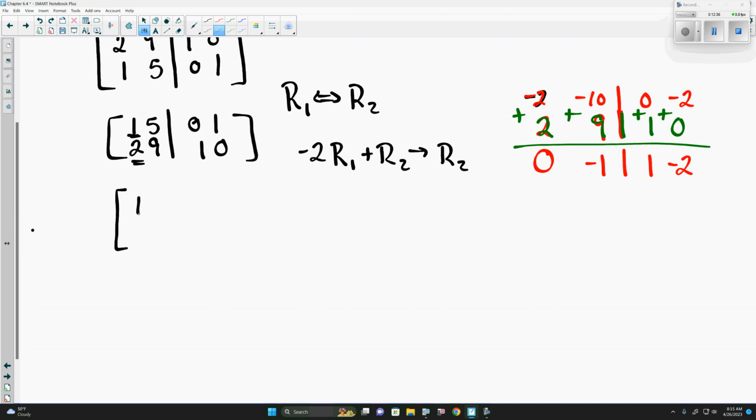Now the first row, 1, 5, 0, 1 stays the same. Now the second one is going to become 0, -1, 1, -2.